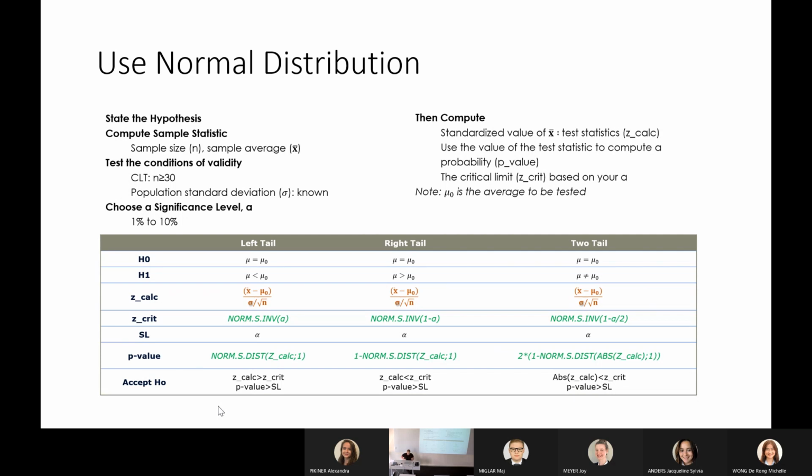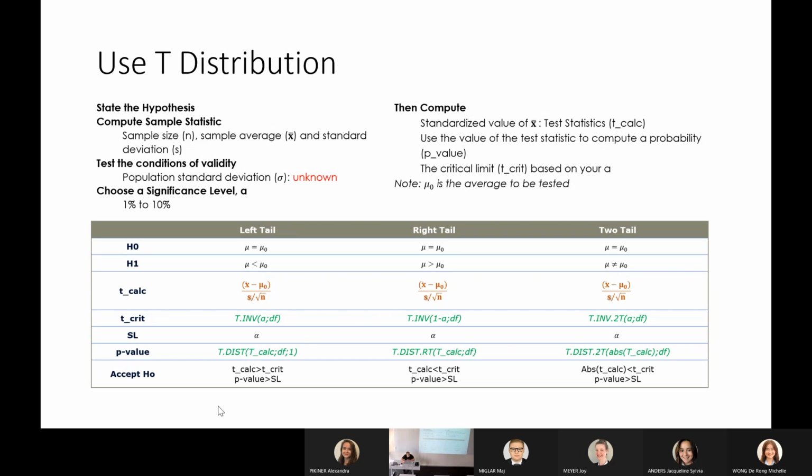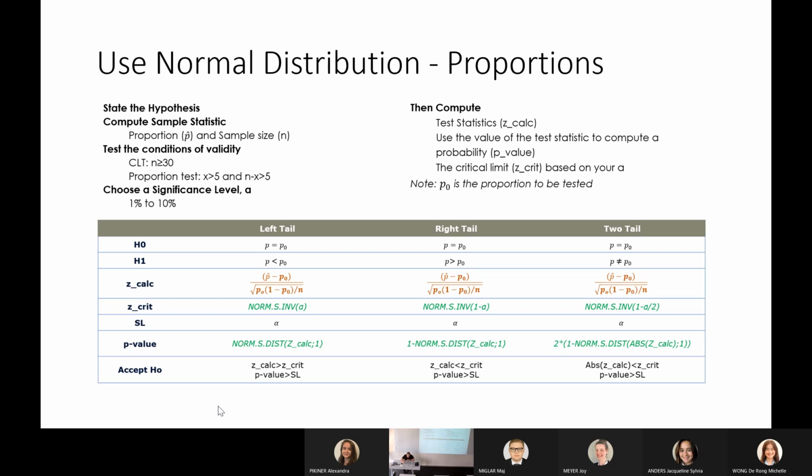We use the normal distribution when the standard deviation of the population is given. We use the t-distribution when we have to calculate the standard deviation of a sample, and we use proportions when we have a qualitative variable, so a categorical variable, right?